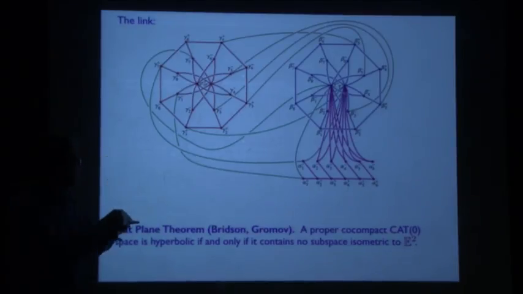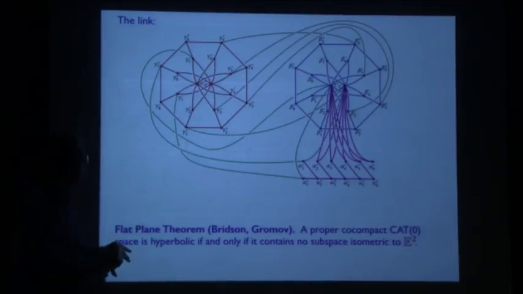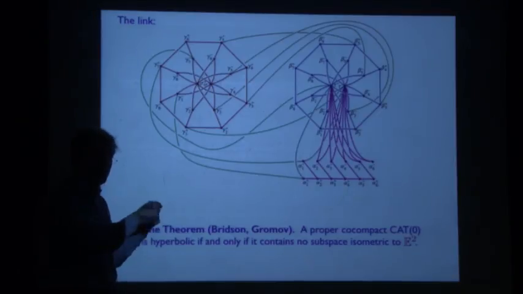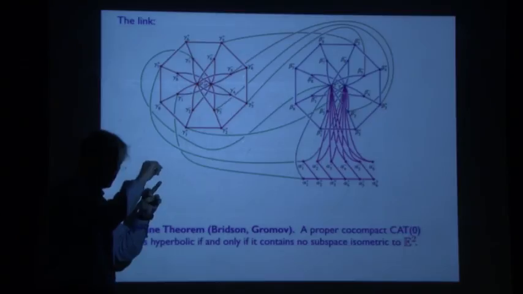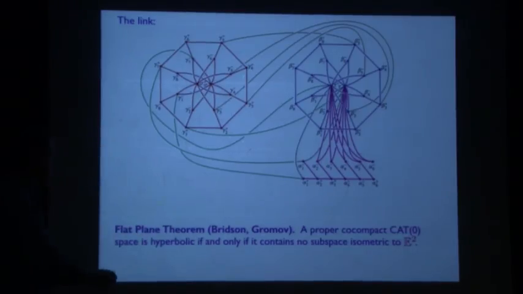There are some, they exist, but then these cells have other vertices, and they must also have angle 2 pi around them. But you can check that always fails. All the cells that have the potential to sit inside flat planes have these poisoned corners where the angles all go wrong. So there's no flat plane, so we get a hyperbolic group.